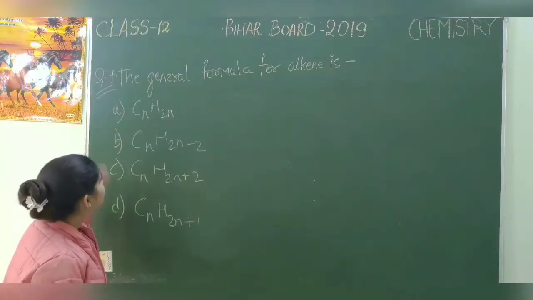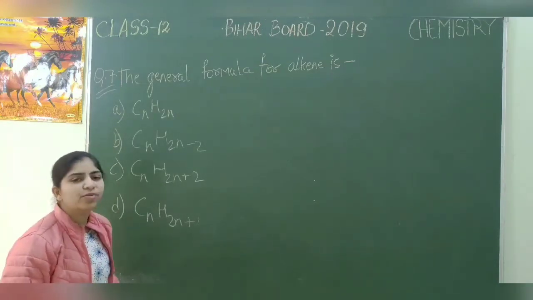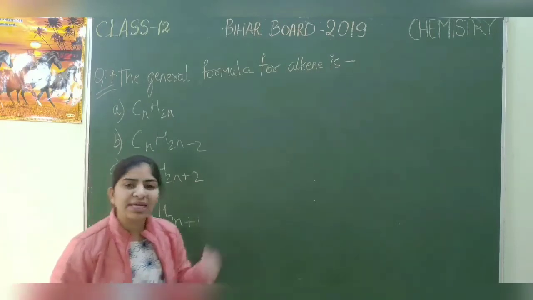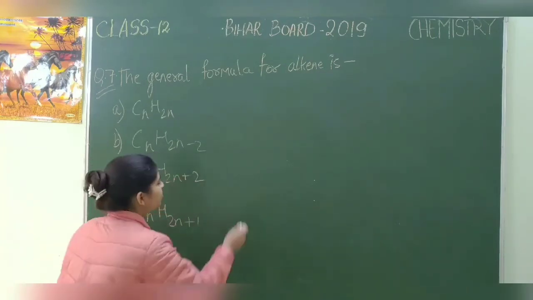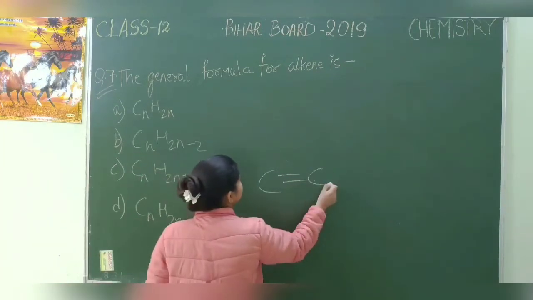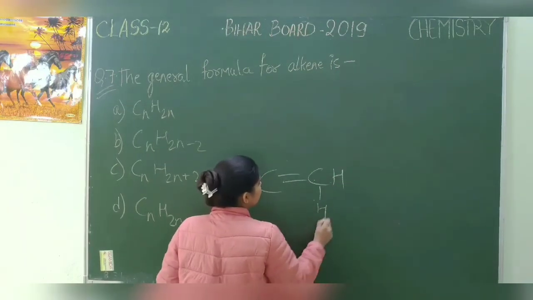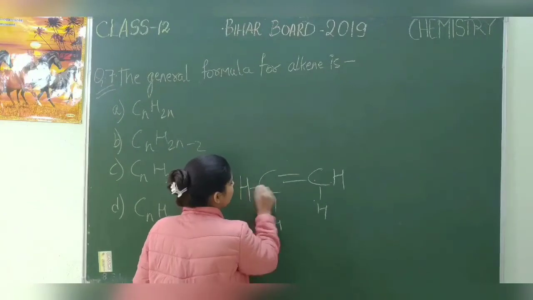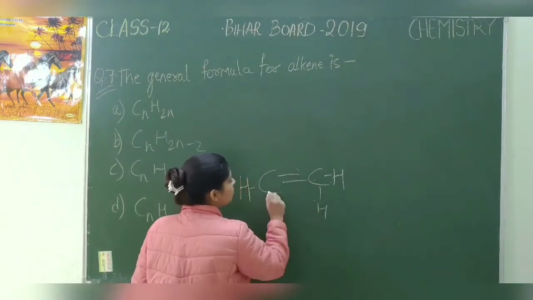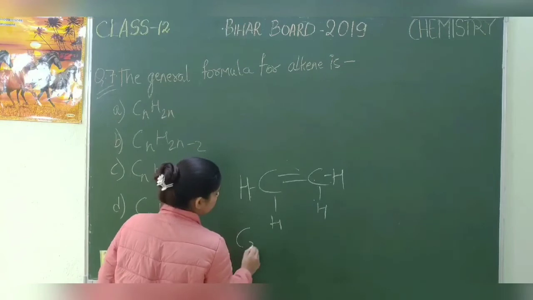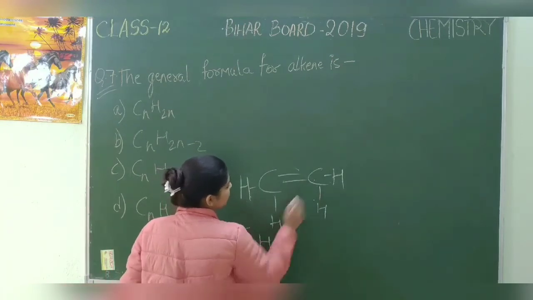Now come to next question, that is the general formula for alkene. As we know that alkenes contain a double bond between carbon atoms. Let us take C2 and remaining hydrogens are 4. Okay. So when we put C equals 2, then hydrogen will be 4.